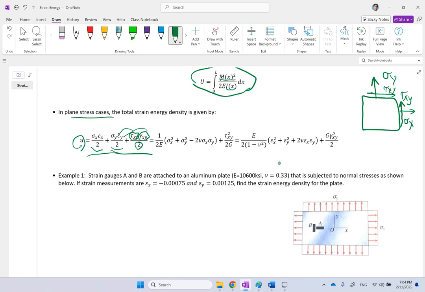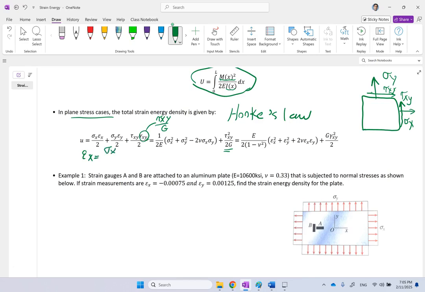Now here, I'm going to use Hooke's law. If you remember, we are going to use Hooke's law, and we are going to replace these epsilons and gammas by their dependency on the stresses. So if you remember, this gamma here is tau xy over G. So if you replace it, you're going to get this term. And epsilon x was what?